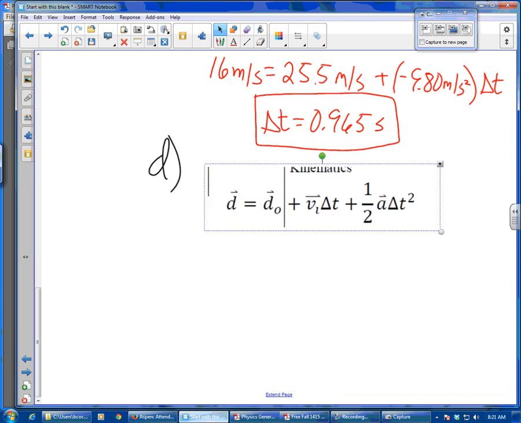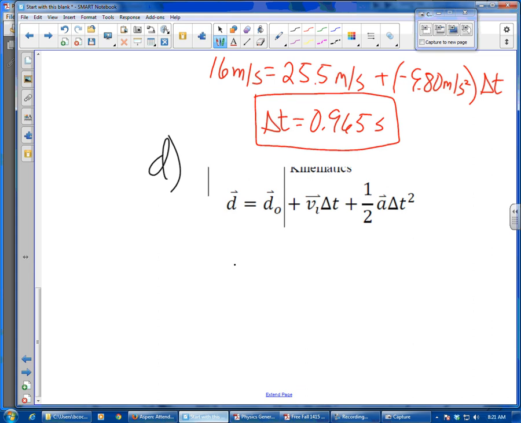And by using this one, remember this one is where I end up, is where I started, and how far I went because I was moving when I started, and how far I went because I was accelerating during that time. So in this one, we're looking at just that green part of the path that I highlighted a second ago. I'm going to end up down at 0 meters.